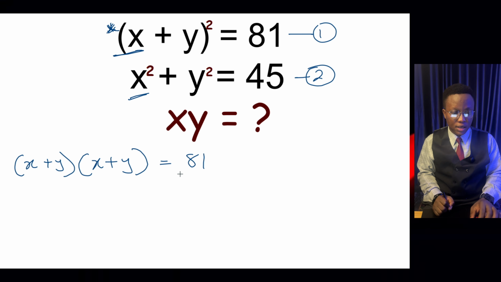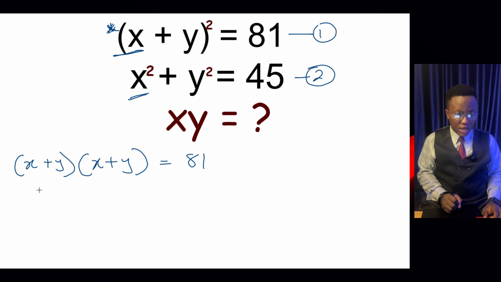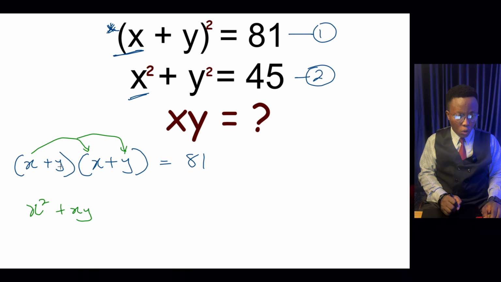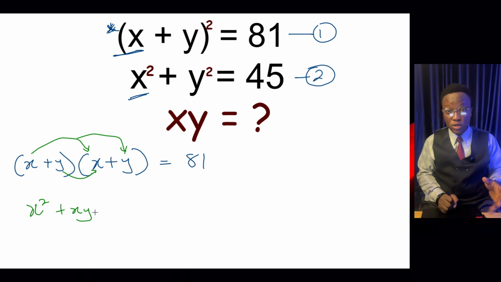All right? And this would give us x multiplied by x, which is x squared, x multiplied by y, which is xy, y multiplied by x, which is yx or xy, right?